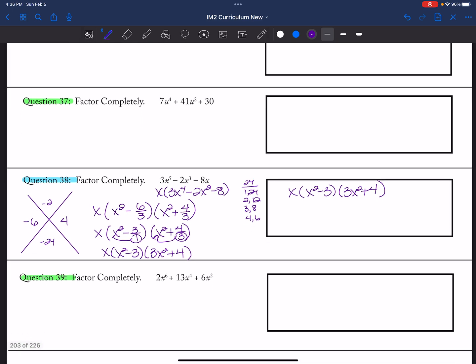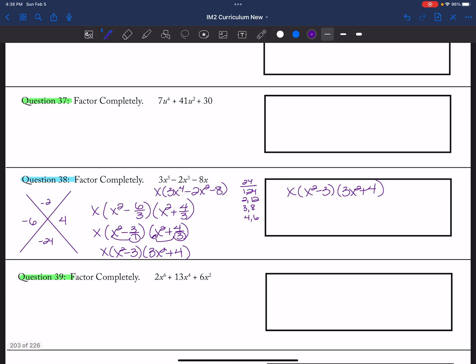Ooh, this is a big one. Okay. So 41 and then 210. Okay. So 210.